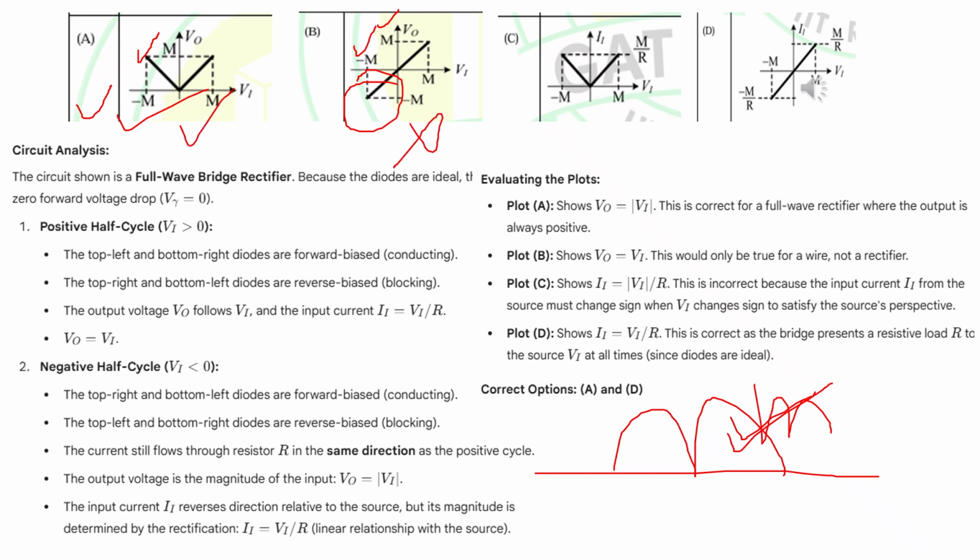Now in option C, if you look, this is the current versus Vi. Whatever current is flowing in this case, for the negative half cycle especially, I is equal to what? Vi by R. So the current flowing through the resistance will be in the reverse direction. But here it is telling that the current will also be in the positive direction.